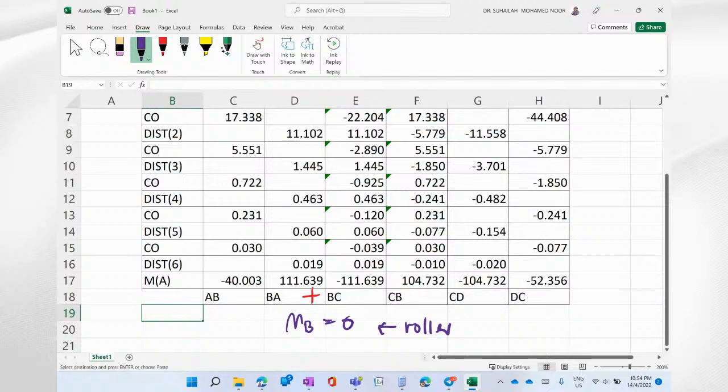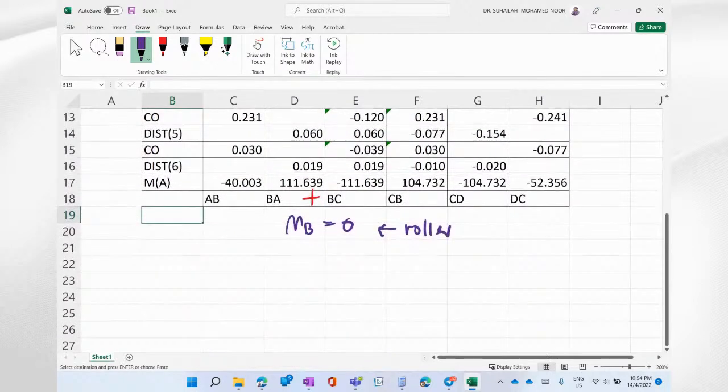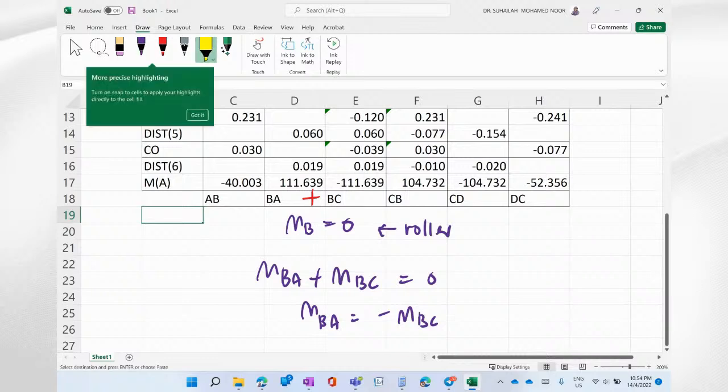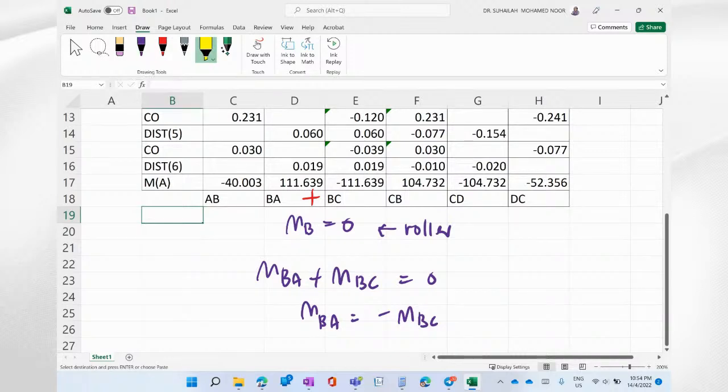So we must get MBA plus MBC equal to 0. So how to get this? It comes from MBA plus MBC equal to 0, or MBA equal to negative MBC. So that is why we get this, one positive, one negative.